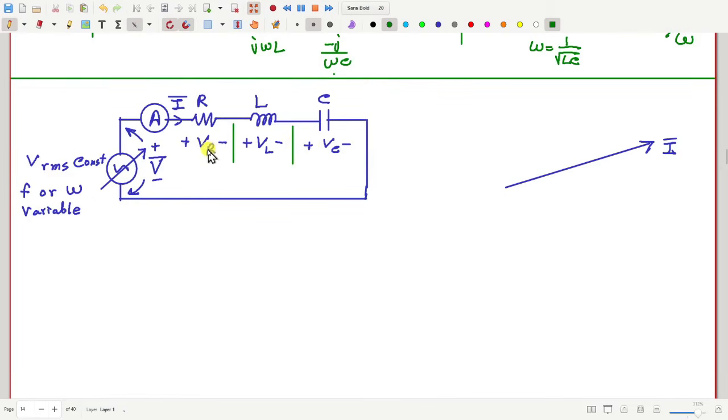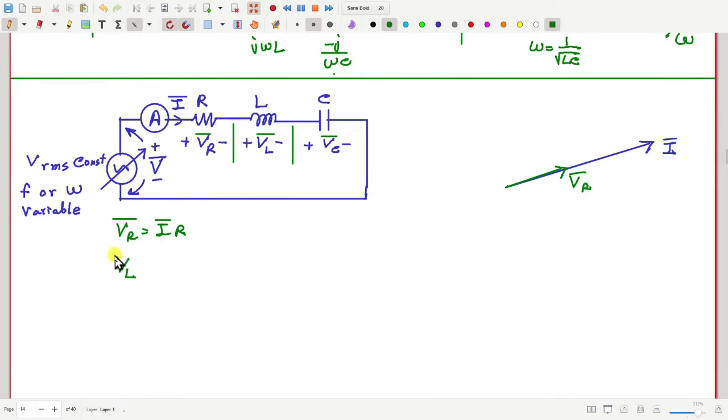Now, how will this phasor VR be? VR is basically I into R. So it will be somewhere here in the same direction, VR, which is equal to I into R. Any question?